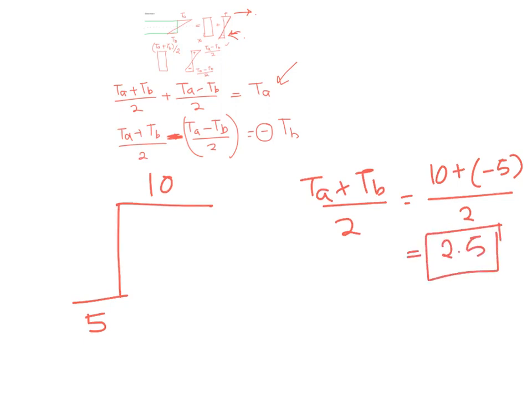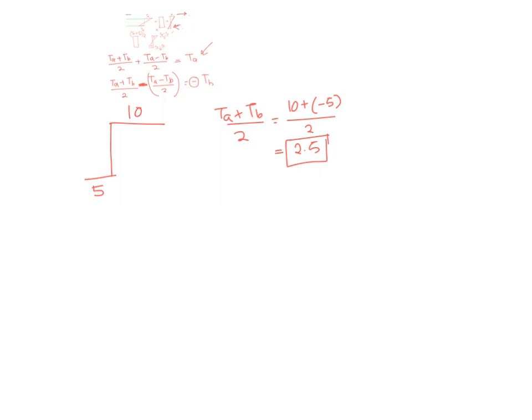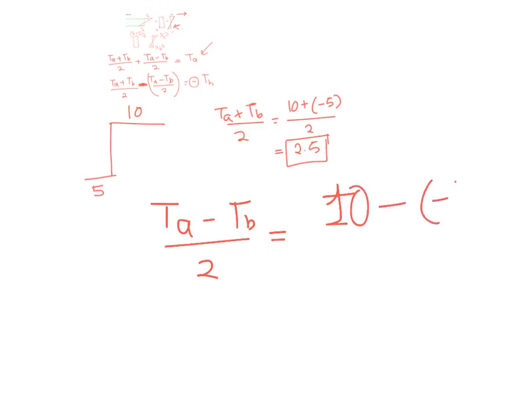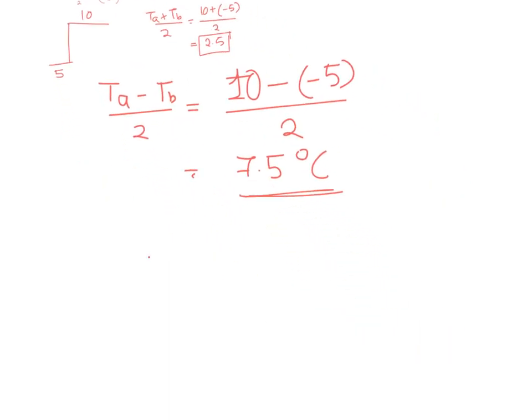This is the uniform temperature change which is not responsible for any warping. Let's calculate the temperature which is responsible for warping, that is Ta minus Tb by 2. So Ta is 10 minus Tb, which is minus 5 because of the decrement, by 2. So you will get a temperature of 7.5 degrees Celsius. So in this case, the difference in temperature T is 7.5 degrees Celsius.